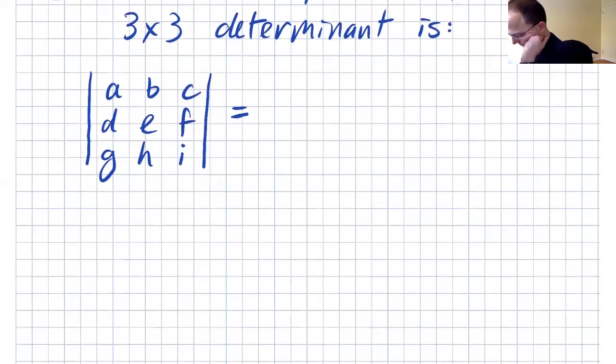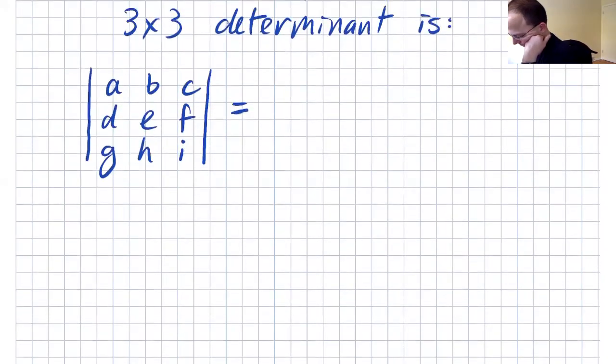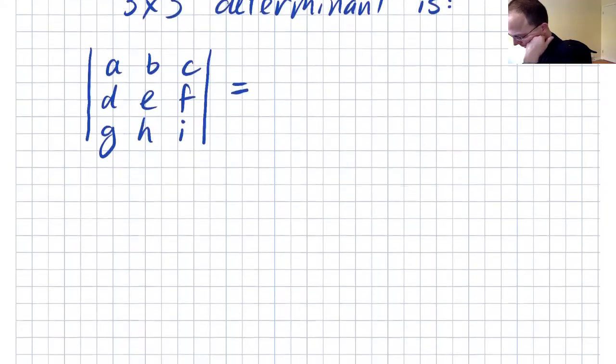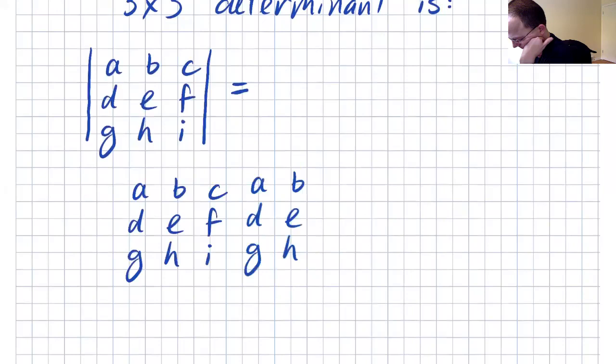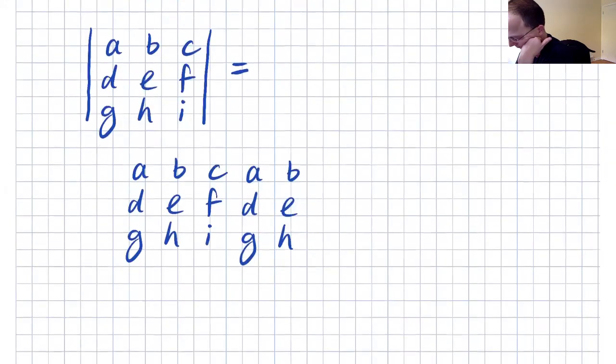So let me repeat this down here. I'm going to copy this and paste it right there. What you can do is take the first 2 columns and repeat them over here. I'll copy this and paste it there, and then look at some diagonals.